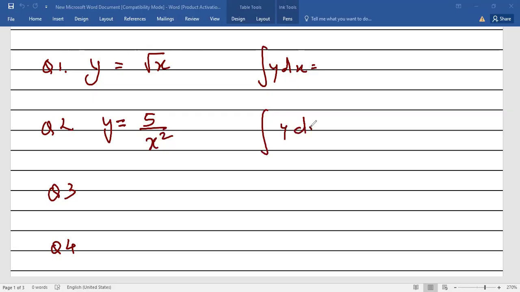What will be the integration of y dx? Y is equal to x. What is the integration of y dx? Y is equal to 5. What will be the integration of y with respect to x? So do all of them one by one.